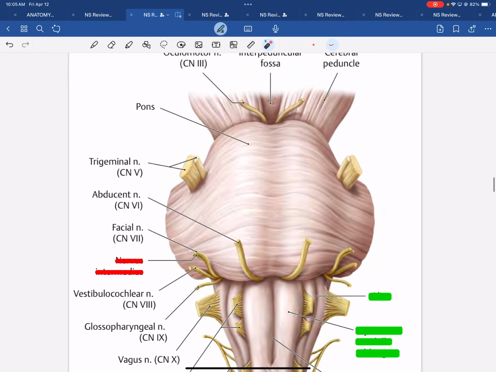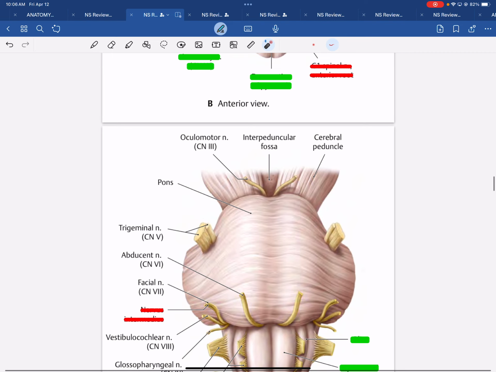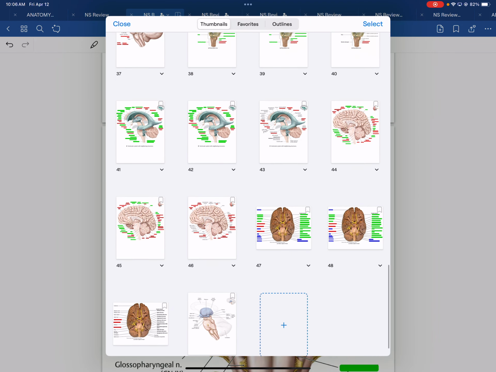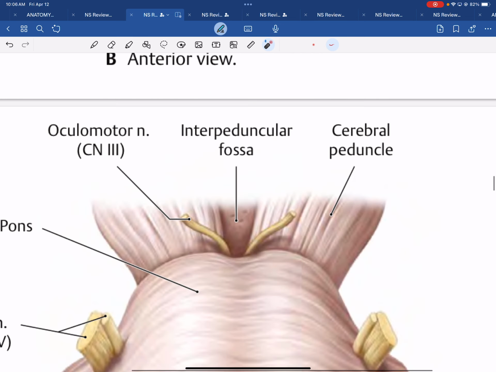Good. Okay. And then what about, let's just do it here, it's fine. What about this one? That's the optic nerve.